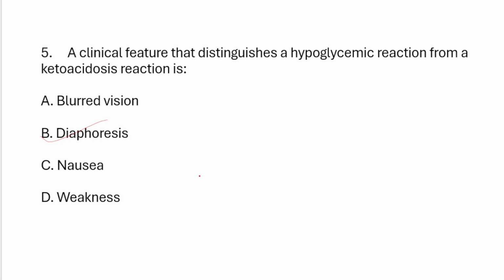Low blood sugar can affect the activity of the autonomic nervous system, which is responsible for reactions that people cannot control, such as sweating and digestion. The cholinergic system is part of the ANS, the autonomic nervous system, and it regulates the production of sweat and other secretions. Activation of this system can lead to sweating. So diaphoresis means excessive sweating. In the hypoglycemia condition, the patient will get sweating.